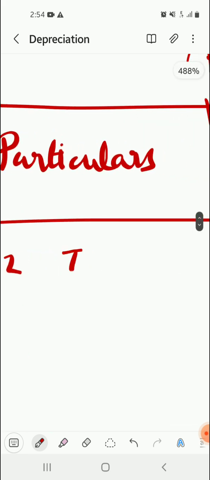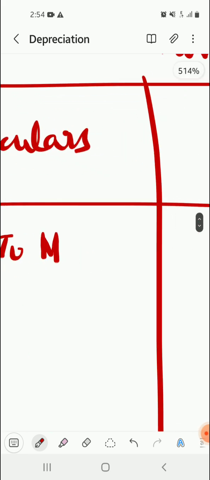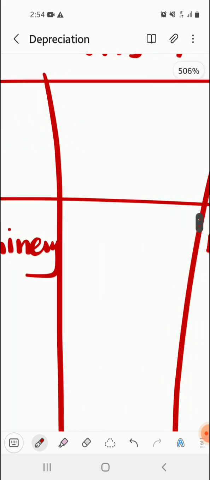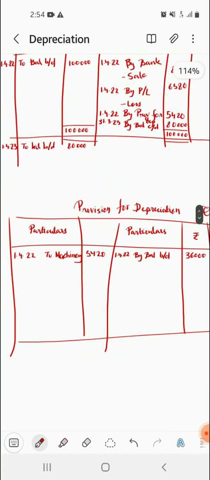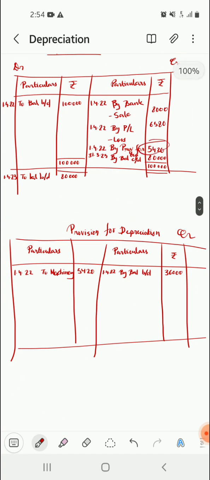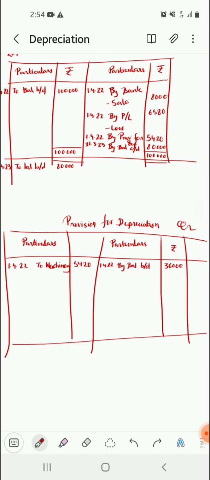There has been a machinery disposed of, the depreciation related to it. So this is 5420 as per our calculation. We've also written it over here in the provision account, and this is for machinery. So 5420.